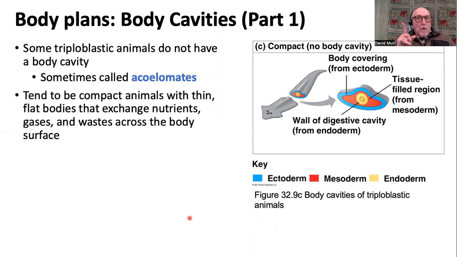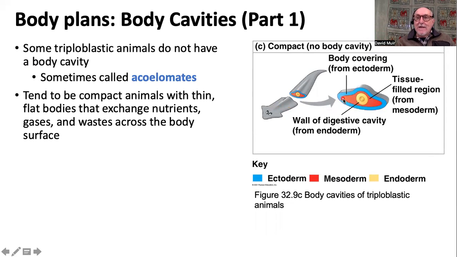Now, the flatworm, the planarian, has no body cavity apart from the gut cavity itself. And in these simple triploblastic animals, the gut is still incomplete. There's only one opening, and that functions as both mouth and anus. So they have to eat, and they spit out waste through the same opening.